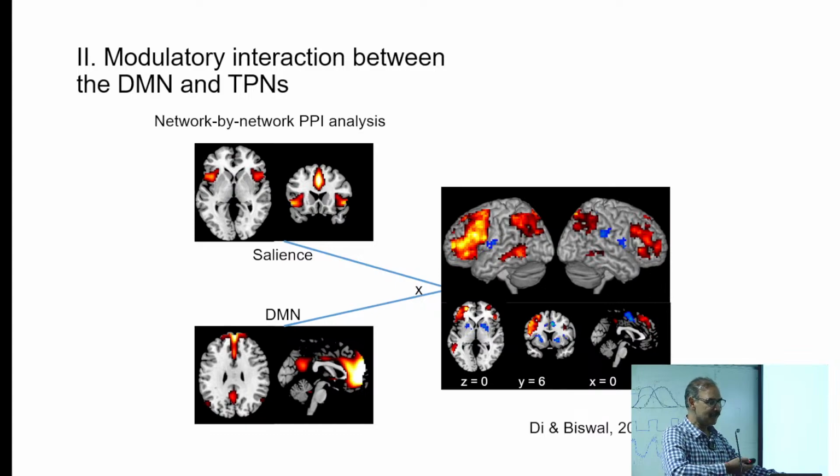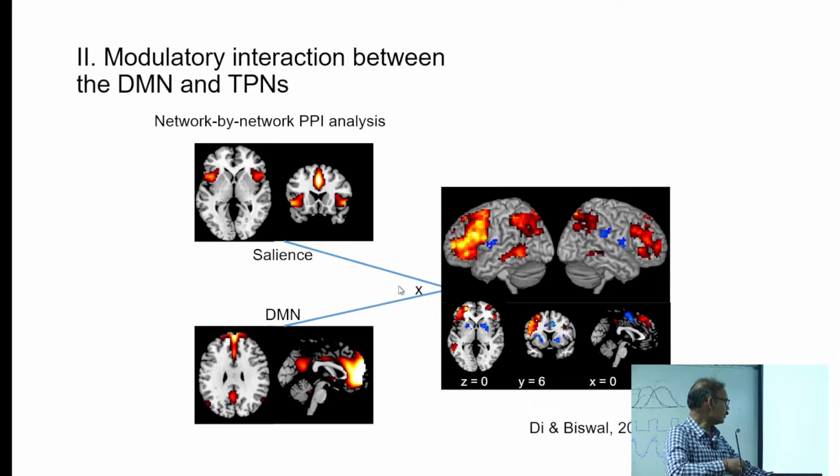Yeah. So next we wanted to see, while that one was for a region within the default mode, here we are looking across different networks, right? Which regions are influenced when salience network and default mode network have connections?